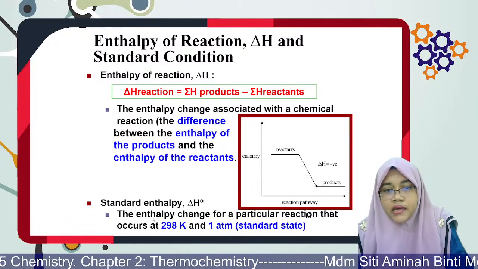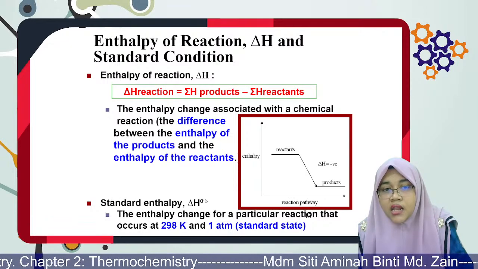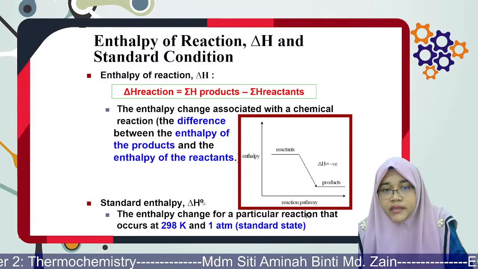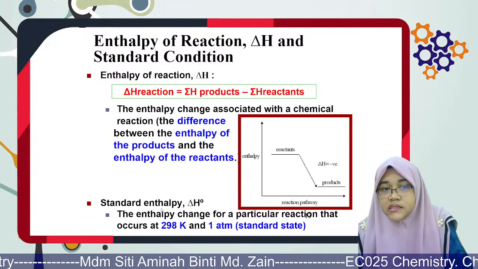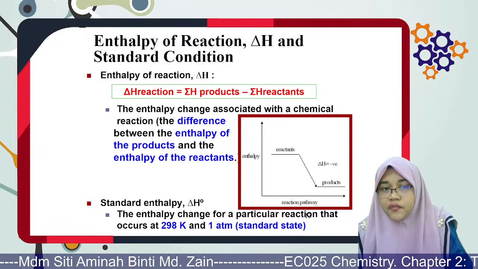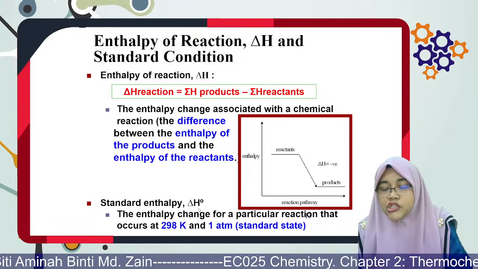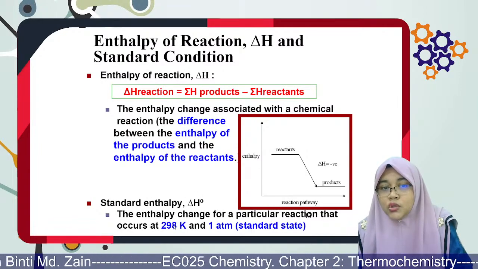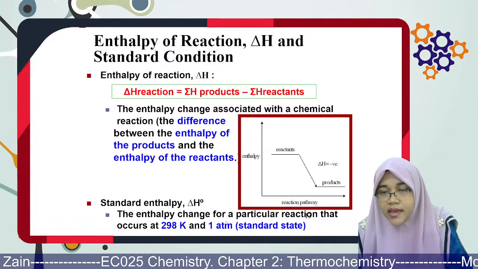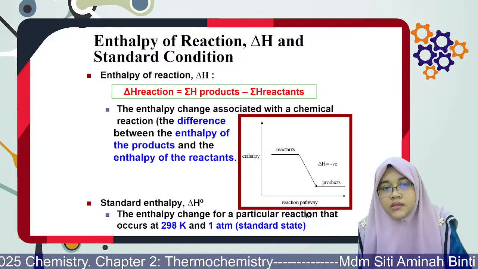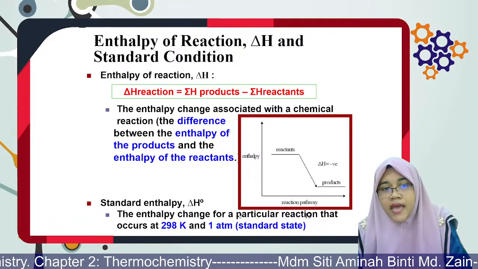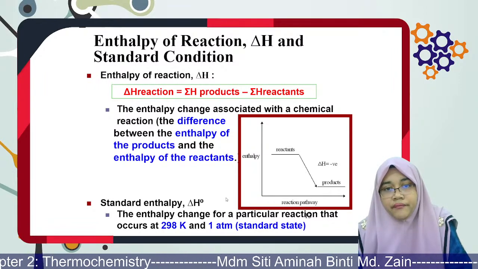And in the symbol delta H, there is a naught, a zero symbol. This naught stands for standard. And the reaction must occur at 298 Kelvin and 1 atm. So that is the difference between standard enthalpy and enthalpy itself.